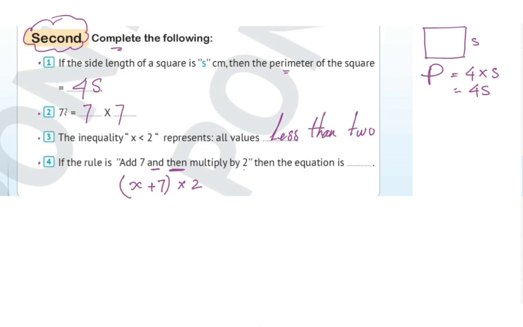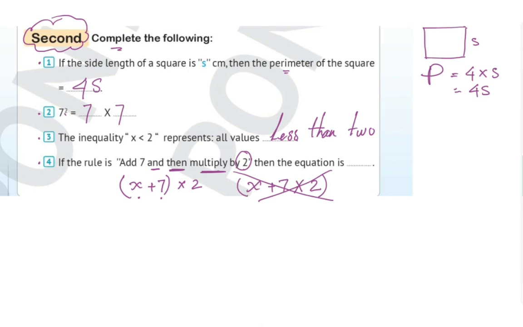By 2. Note with me, if you write it as x plus 7 by 2 without these parentheses, it's false. Now add 7: I added 7 to a number x, then parentheses, multiply by 2.